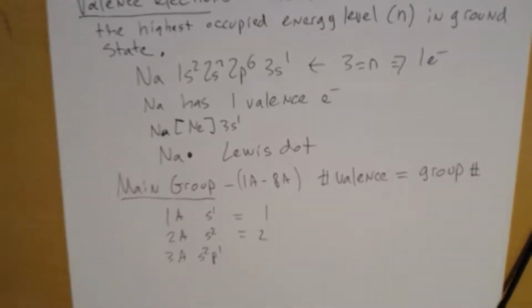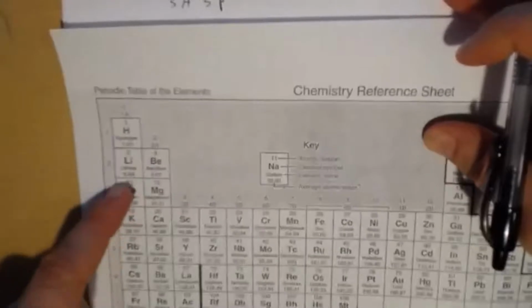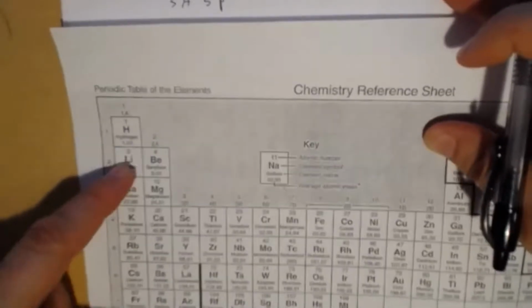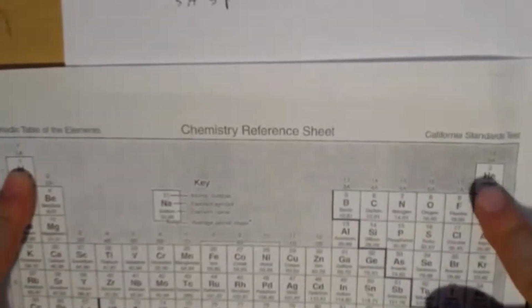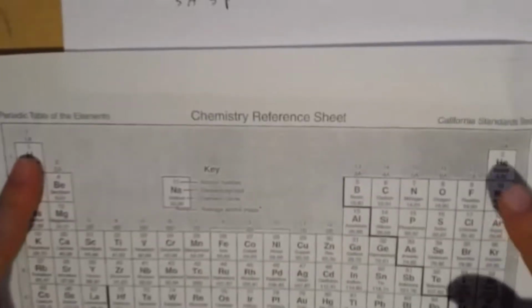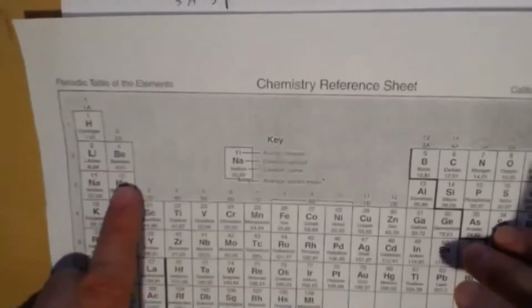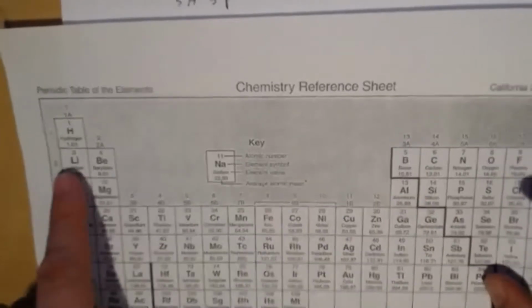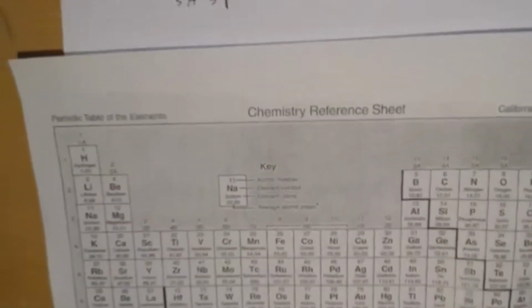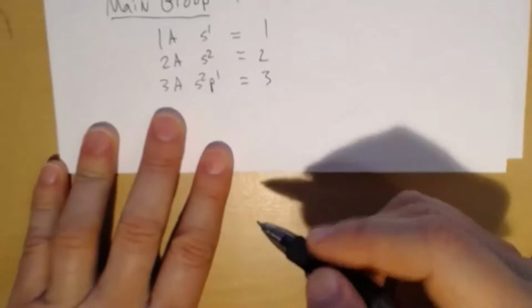Maybe we should look at a periodic table briefly for a sec, just to remind ourselves. So these guys, again, 1s1, 2s1, 3s1, 4s1. The only exception to this, by the way, would be helium, which is 1s2 over in 8A. But the rest of these would be 2s2 for beryllium, 3s2 for magnesium, and so on. When we get to boron, it's 2s2 2p1. So the 3A always have 3 valence electrons with an s2p1.